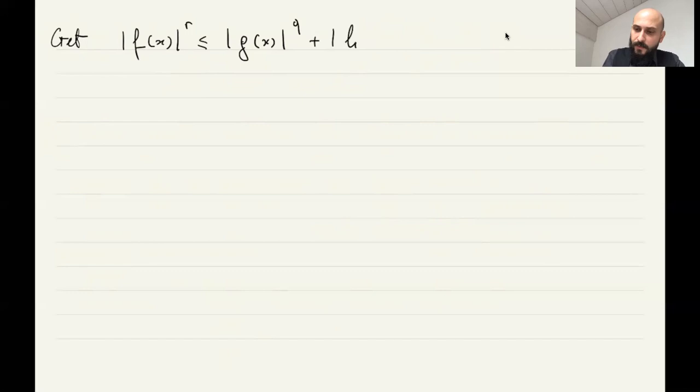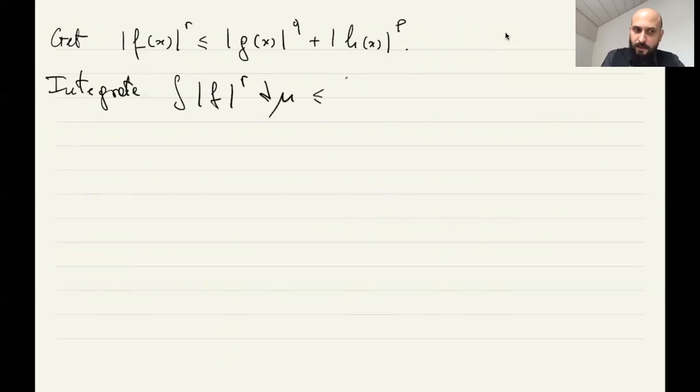So we get that the absolute value of f to the power r, if it's greater than 1, we bound it with g to the power q. If it's between 0 and 1, we bound it with h to the power p. Now we integrate. We integrate f to the power r d mu.